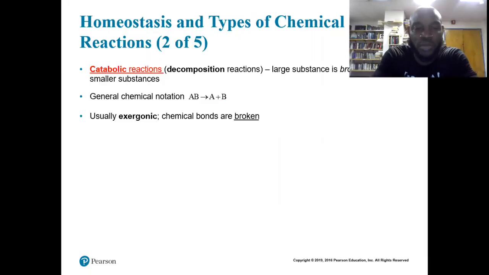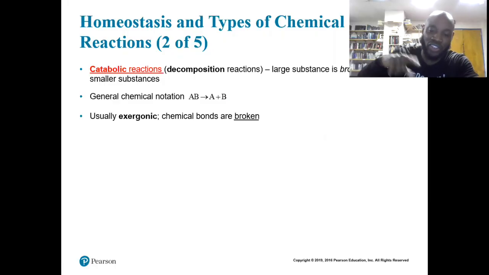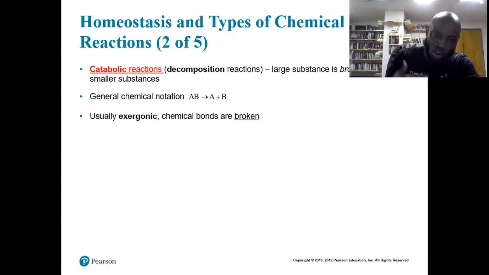All right, so let's talk about those in a little more detail. All right, so catabolic reactions, decomposition reactions, a large substance is broken down into a smaller substance. Happens all the time in your body, right? Endergonic requires energy, exergonic releases energy. Catabolic, breaking things down, anabolic, building things up. All of these happen in your body.